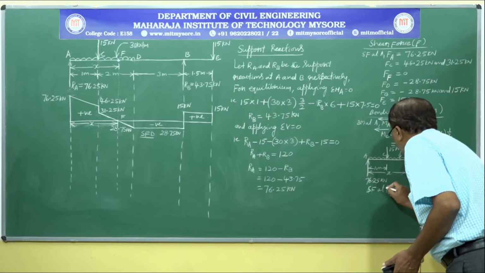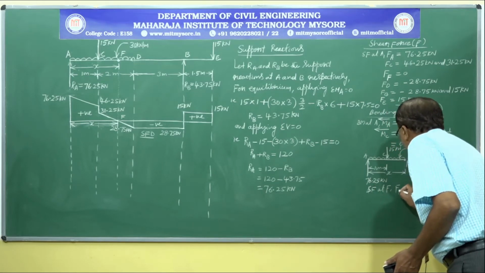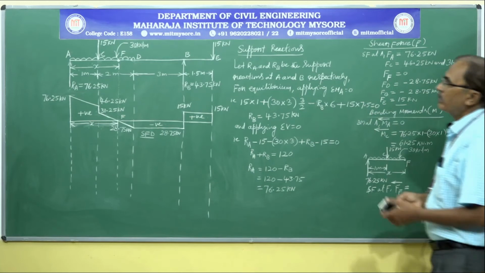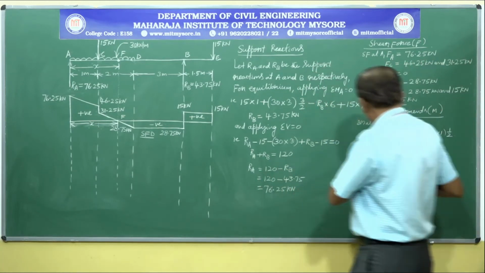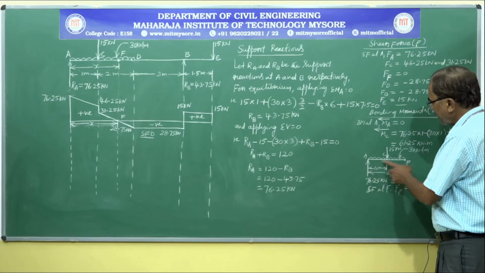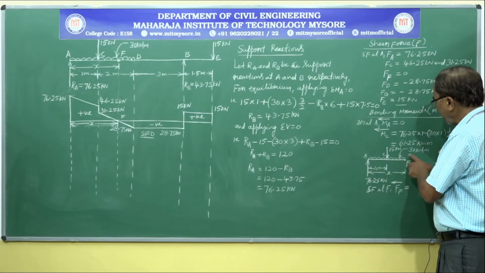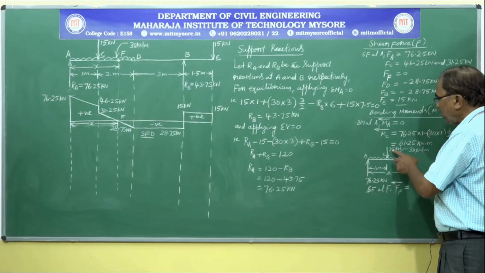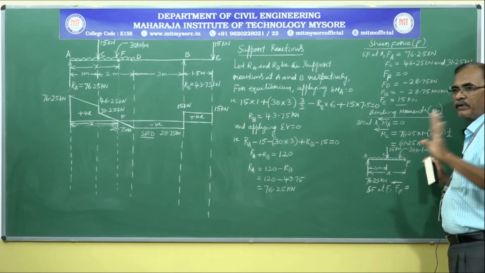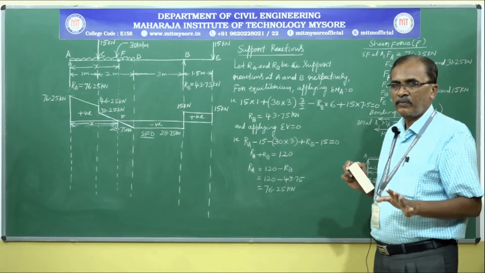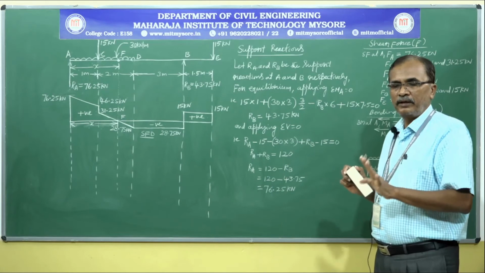Shear force at F, by considering forces to the left of the point. You refer to this figure only. A support reaction is acting, and UDL is there of intensity 30 kilonewton per meter over a span of x, and a point load acting. Shear force is a force only.